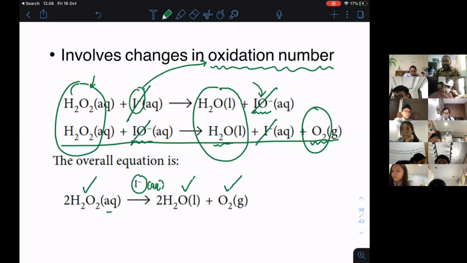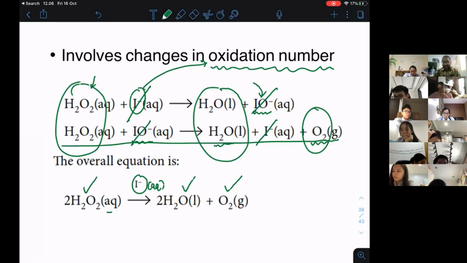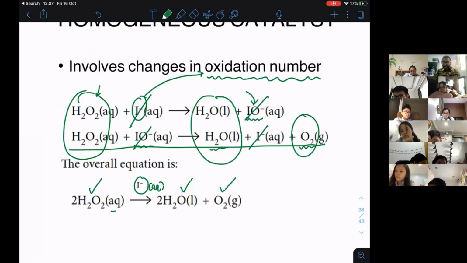But at the final state, whatever catalyst you put, you will get it back, but maybe in a different physical state. So this is the role of the catalyst, to be exact, the homogeneous catalyst I minus.